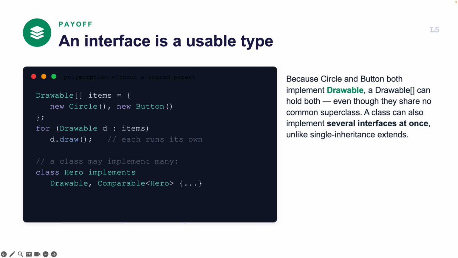This is polymorphism again, but freed from the inheritance tree. That's so cool. Polymorphism, but without inheritance. You can group objects by what they can do rather than by what they are. That flexibility, treating unrelated types uniformly through a shared capability, is the whole reason why interfaces exist.